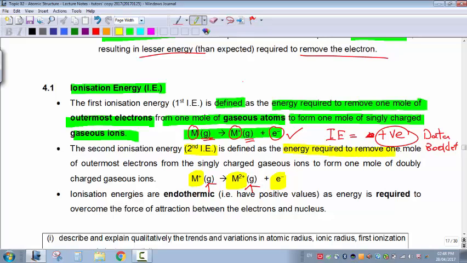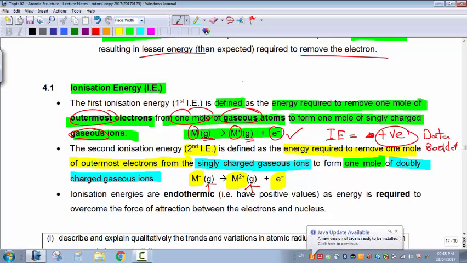It's also the energy required to remove 1 mole of the outermost electron, but now from singly charged gaseous ions to form 1 mole of doubly charged gaseous ions. The word gaseous is very important. We used the word gaseous in both cases. Outermost electron, 1 mole. Otherwise, your definition will be wrong.